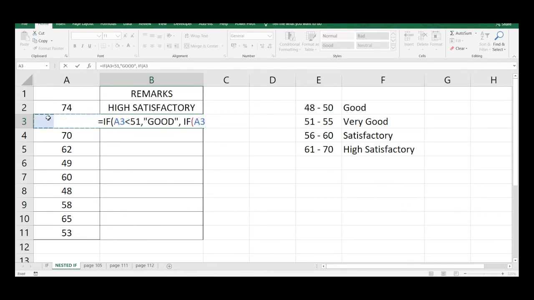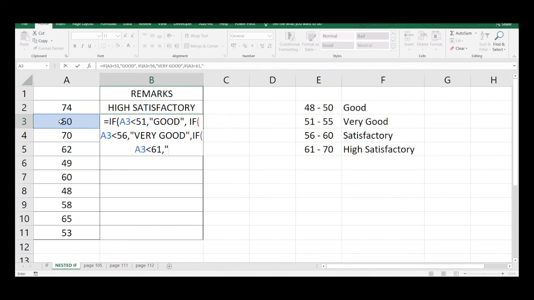okay, then less than, then let's type in 56 rather, comma, quotation, let's have the very good, same formula lang, inuulit-ulit lang natin para masanayan ninyo. Okay? And then again, let's type if kasi may satisfactory pa tayo. Parenthesis. And let's click on again the 50. Less than 61.